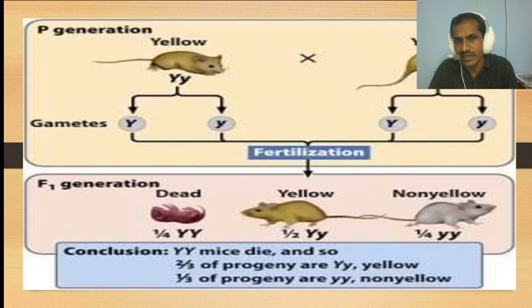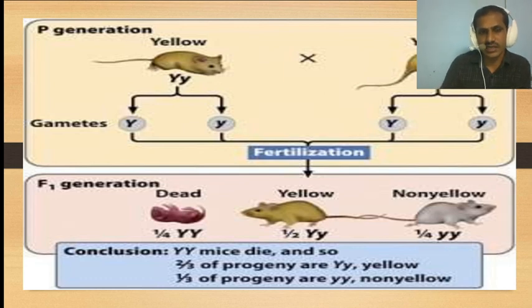Similarly, another yellow mouse, heterozygous for coat color, and the gametes divide into capital Y and small y on each side. When we cross them, in the F1 generation we get capital Y capital Y, capital Y small y, capital Y small y, and small y small y: non-yellow color, and yellow color. Because the lethal gene is present in the dominant gene, that allele dies, and the ratio is 2:1.